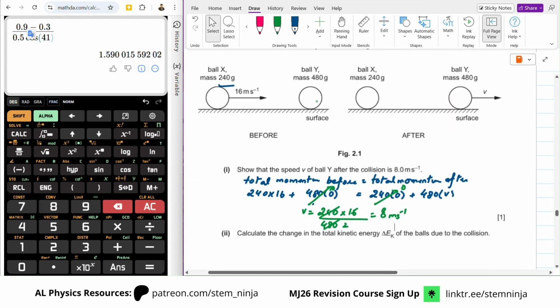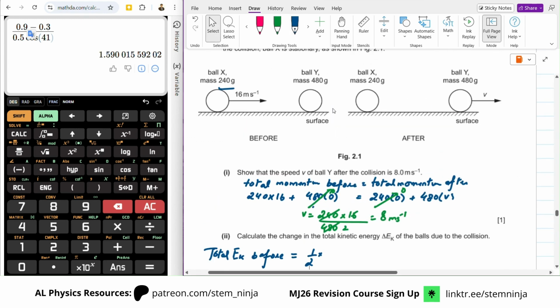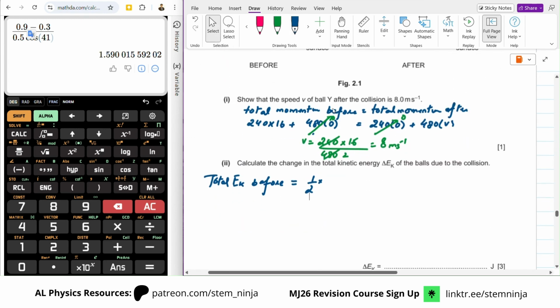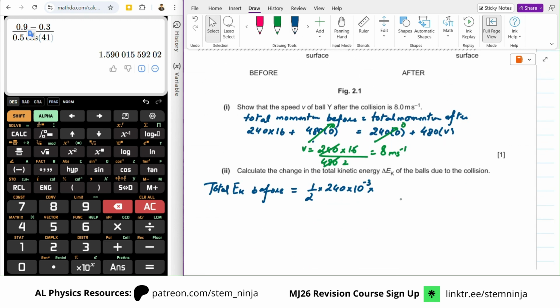Calculate the change in total kinetic energy of the balls due to collision. So first off, total kinetic energy before. So this would be half, and this time we need it in joules, so 240 grams needs to be converted into kgs, and velocity was 16 squared.